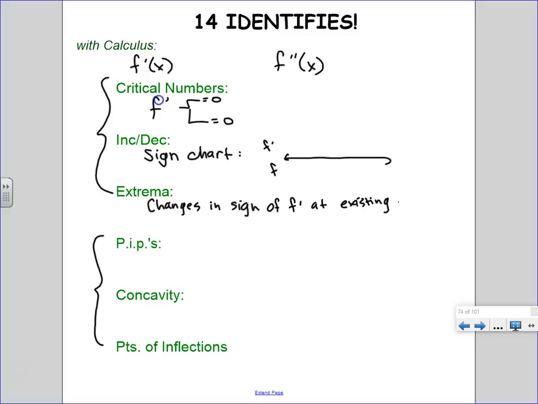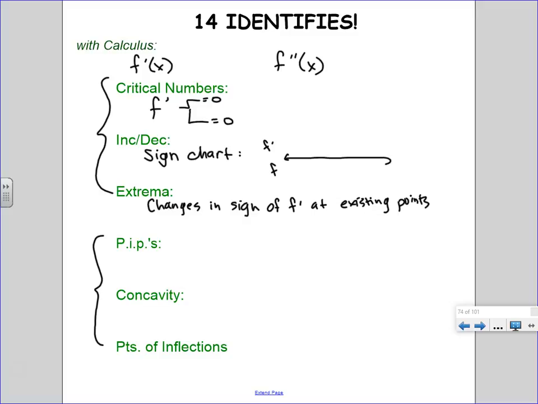What do I mean by that? I mean, there better not be a dotted line over the point where there's supposed to be a relative min or a relative max, because that wouldn't really exist, right? But there does need to be a change in sign. I'm not going to write them all because you should know them. If the first derivative changes from positive to negative, the function changes from increasing to decreasing, that's a relative max, and vice versa for a relative min.